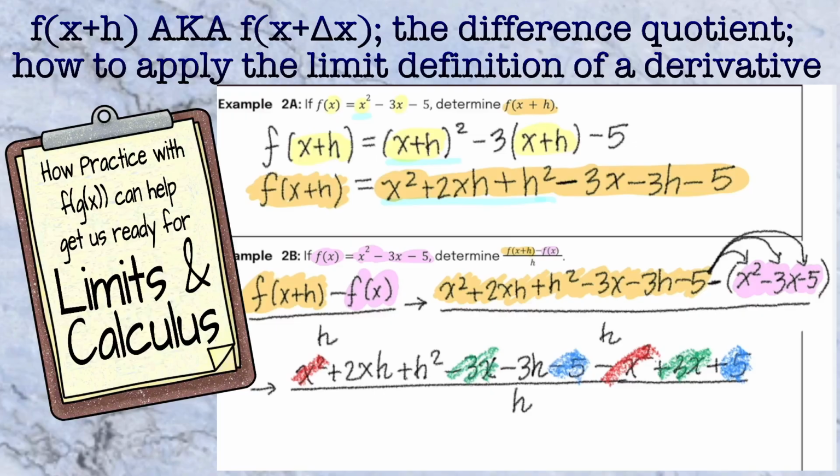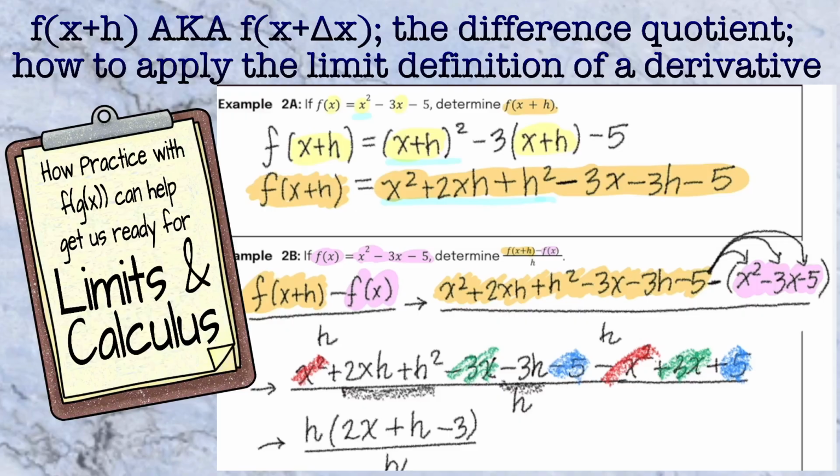What we have left is 2xh plus h squared minus 3h. While I write the next line, I'm simultaneously going to factor out an h. So that means I have h times 2x plus h minus 3, all over h.